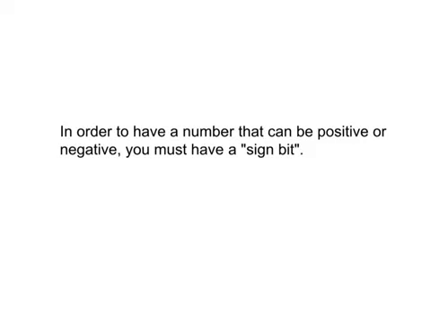Remember from the previous lesson that the total number of possibilities that can be stored in 4 bits is 16 total possibilities. If we were to use one of those bits as a sign bit, we now allow for 2 sets of 8 possibilities. One set positive and the other set negative. If you need any review on this concept, review the lesson on the sign bit and feel free to ask any questions you need to.